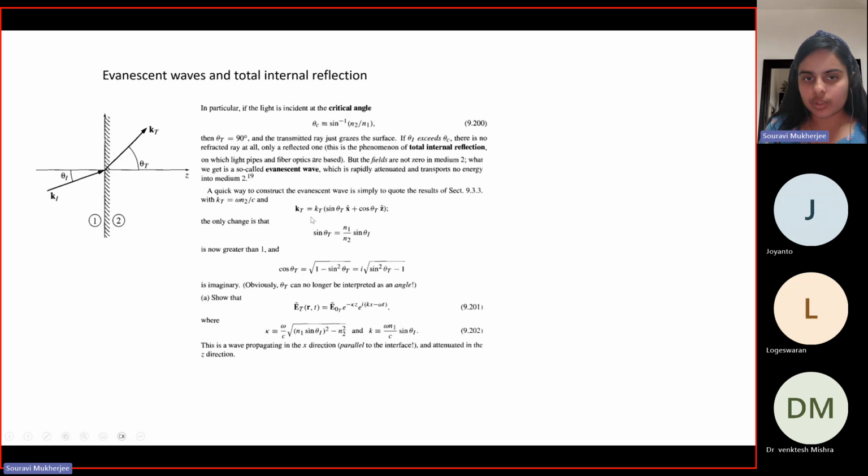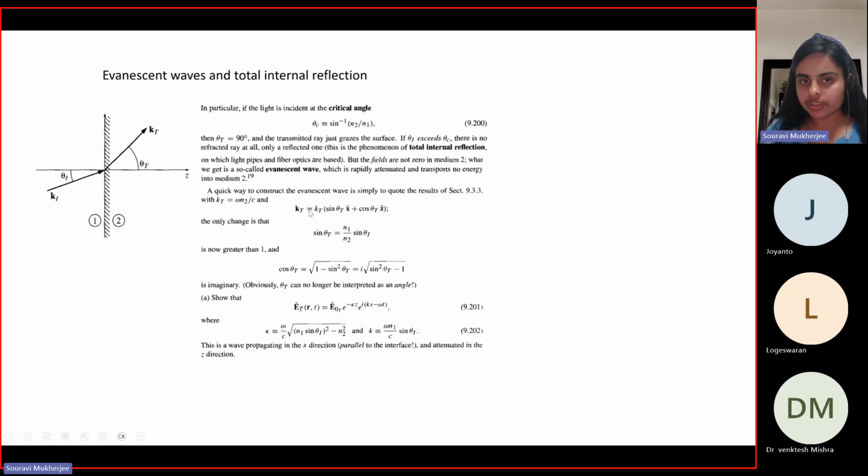So at that point, if we normally write the wave vector for the transmitted wave, it will have an x component, which is given as sine theta t, and a z component, which is given as cos theta t. But now, because you are moving from a denser to a rarer medium, this term is becoming greater than 1. So your cos theta t term now becomes imaginary.